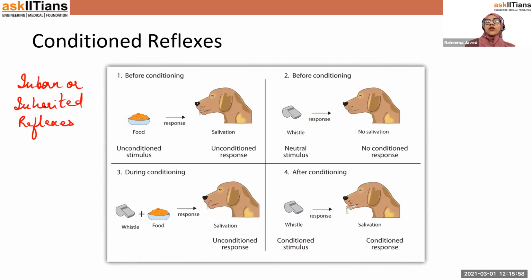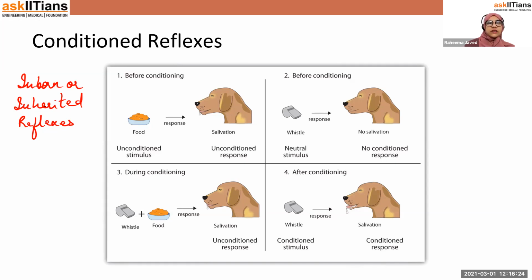For inborn and inherited reflexes, there is no learning required, there is no experience required. You do not need to experience a reflex. So sneezing and coughing reflexes are inborn reflexes. Nobody teaches us how to sneeze, how to cough, how to inhale, how to exhale. All these are inherited reflexes.